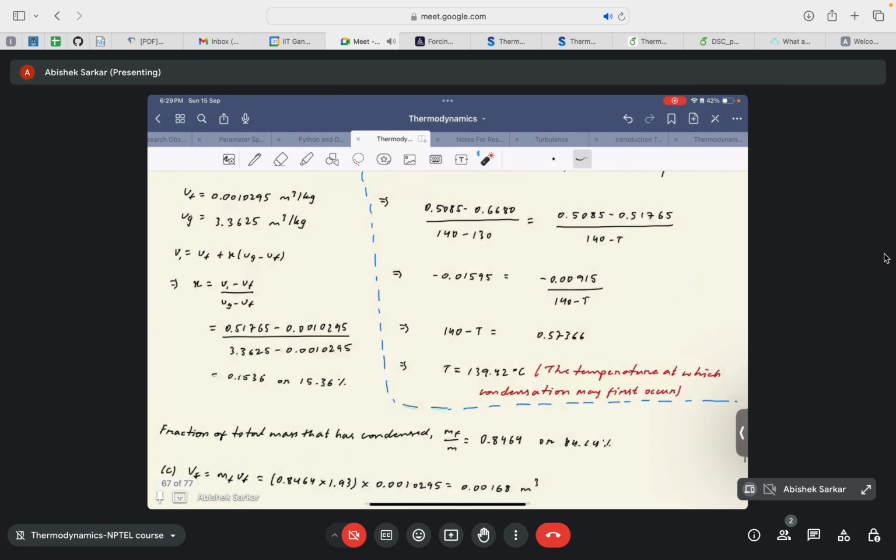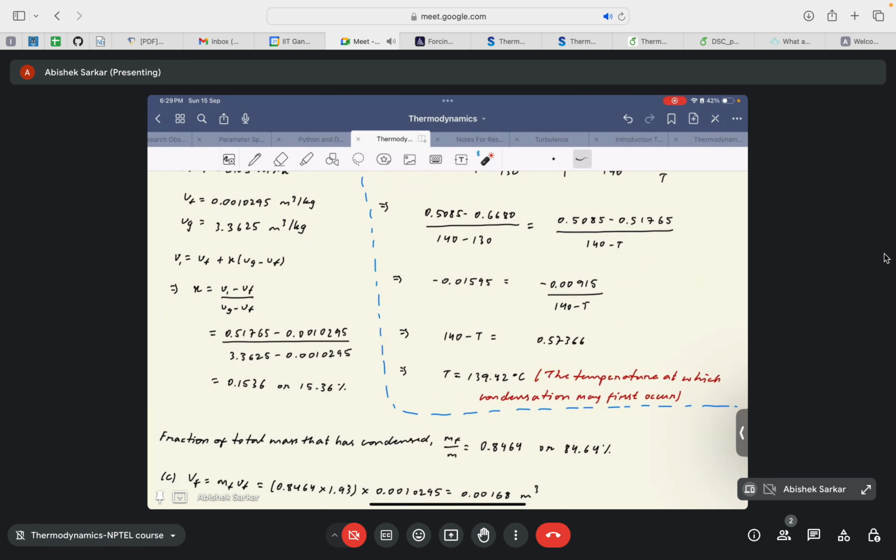I'll keep it so that most of the solutions are visible, so you can cross verify your answers and go back to the steam tables as well to verify the values and see whether you understand it or not. Okay, now I guess we can proceed.